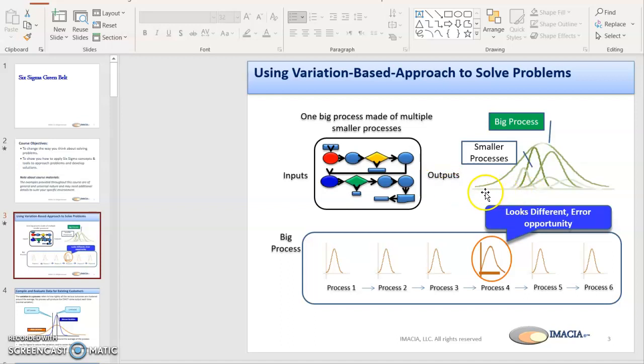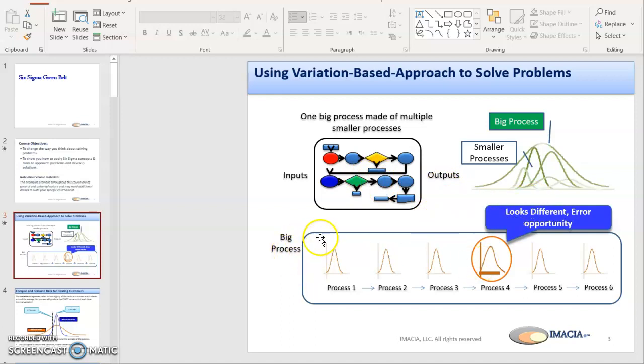So if we look at it from a statistical point of view, this is a distribution for the big process, and inside that distribution there are many distributions underneath that, and all these distributions are representative of the processes that are taking place to deliver the output.